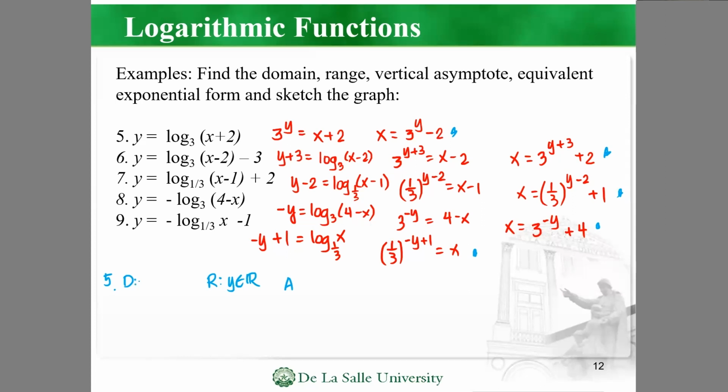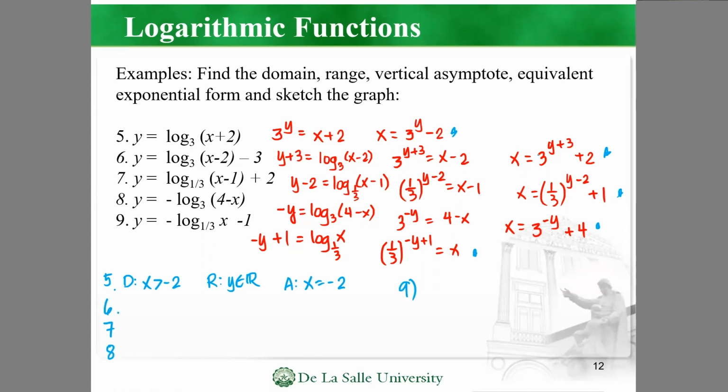What about the domain? Look at the symbol. Symbol is greater than negative 2. Binaliktad ko lang, guys, ha? Asymptote. Cover the exponential. Ano matitira when you cover this? X equals negative 2. Very good.